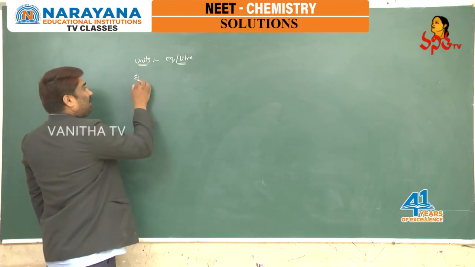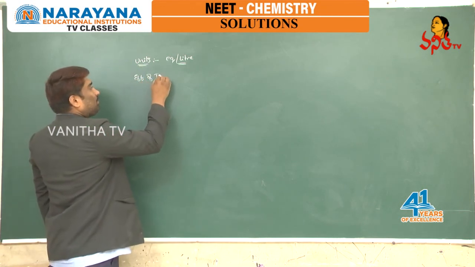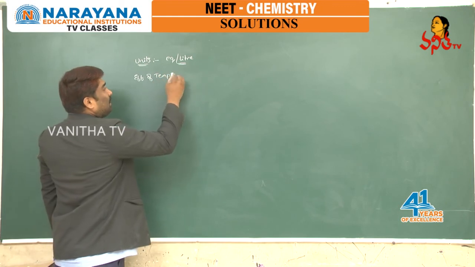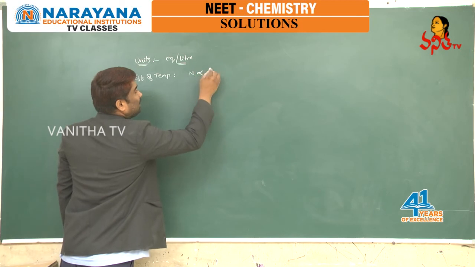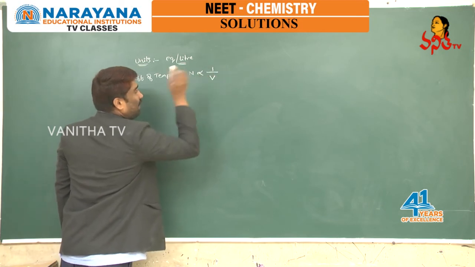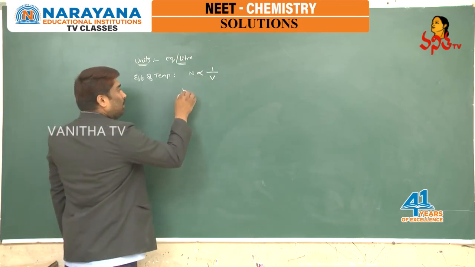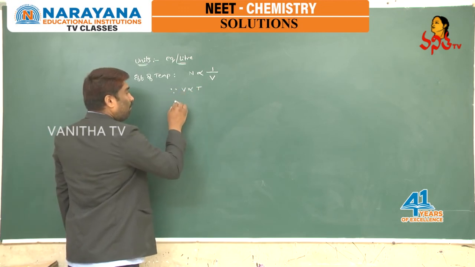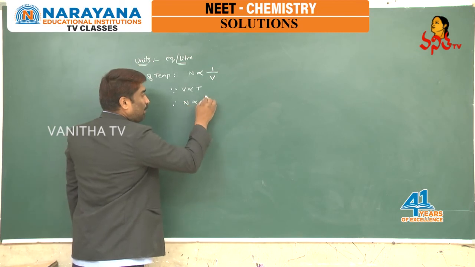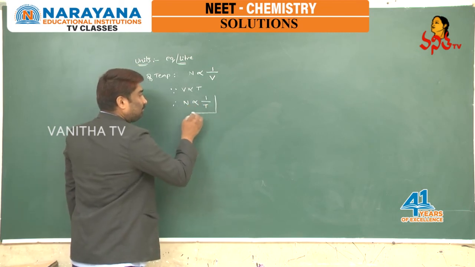And what is the effect of temperature? Normality is inversely proportional to volume as per the equation. Again you know that volume is directly proportional to temperature. Therefore, normality is inversely proportional to temperature.